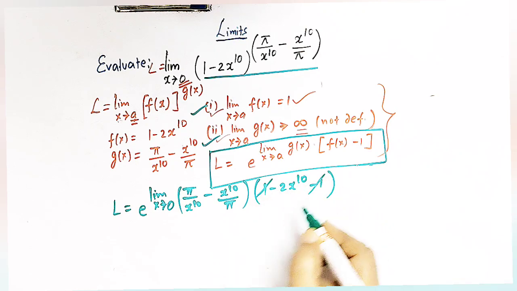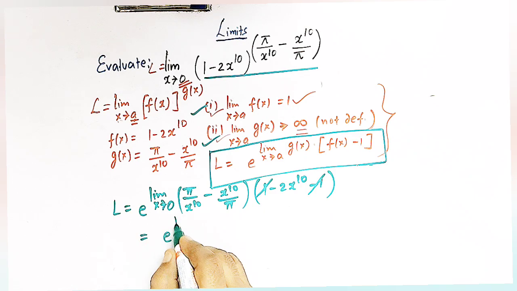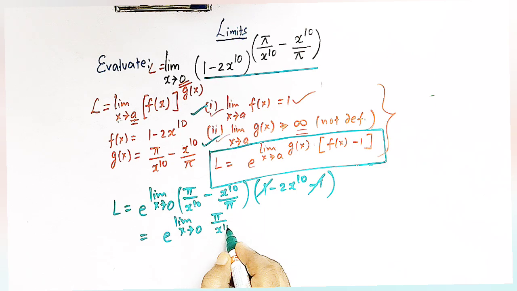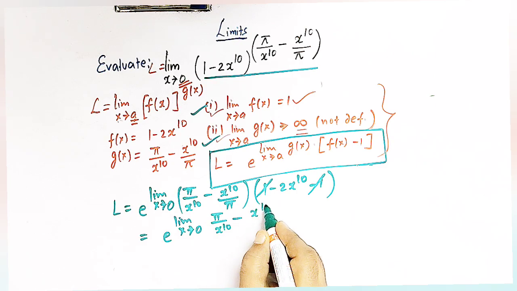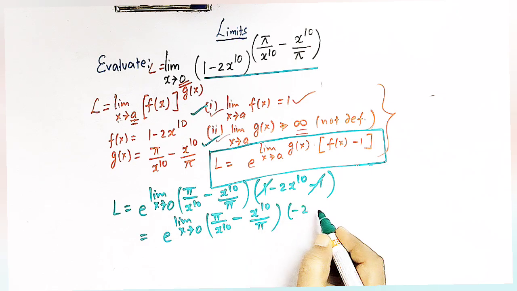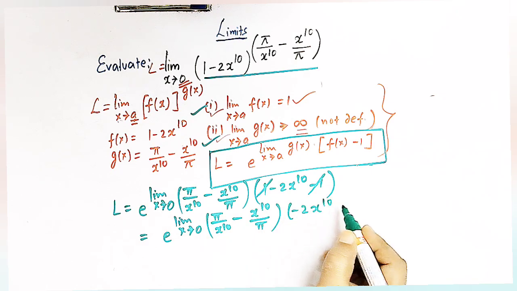Now this one and this one get cancelled, so we have e raised to limit x tends to 0, and we have pi divided by x raised to 10 minus x raised to 10 over pi, and here we have minus 2 x raised to 10.